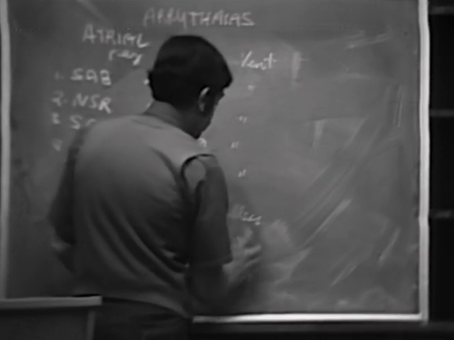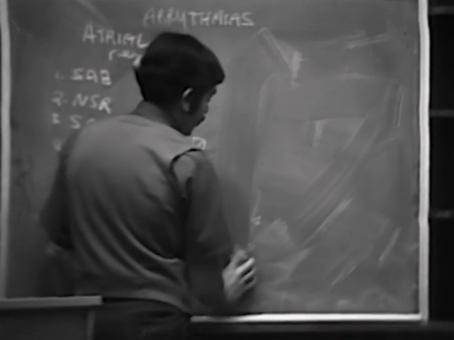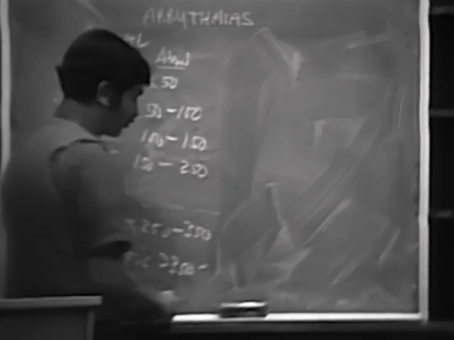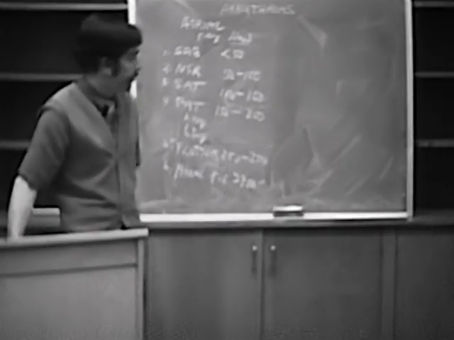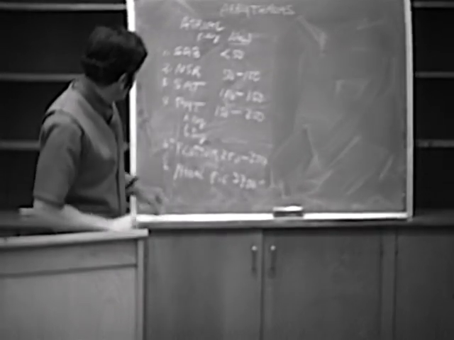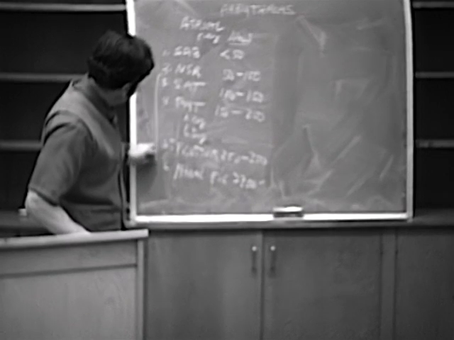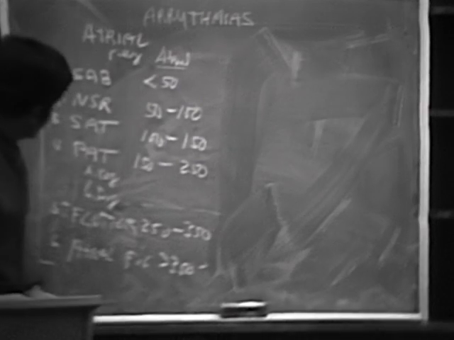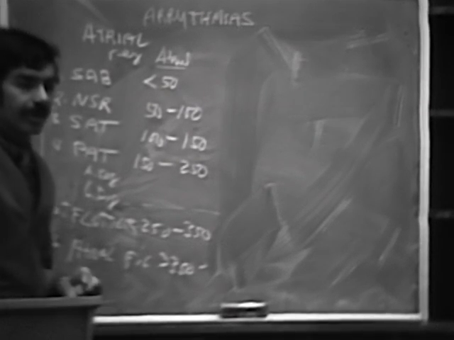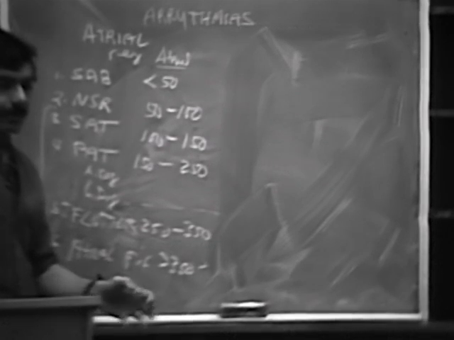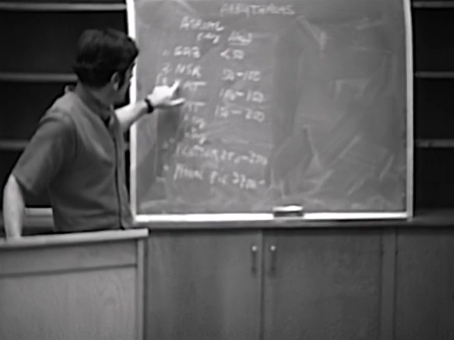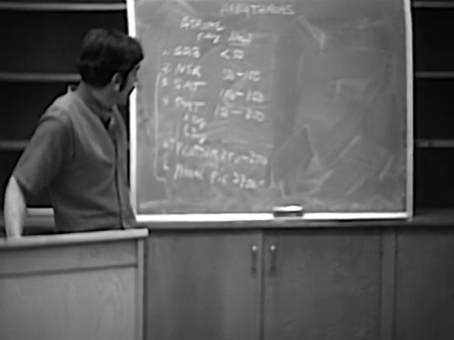Okay, now let's talk a little bit about the differential diagnosis of some of these, because this is where you're going to have your problems. You're going to see patients coming in this group here, from number 3 on, that you may have trouble differentiating when you're looking at the monitor, for instance, in the operating room. You're going to want to know how to differentiate these.